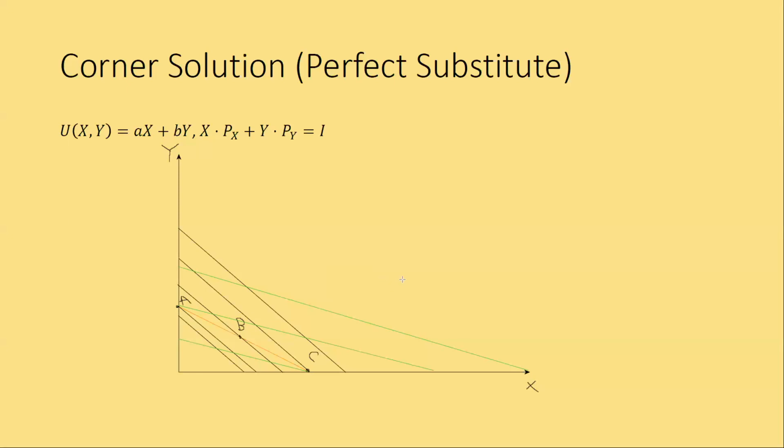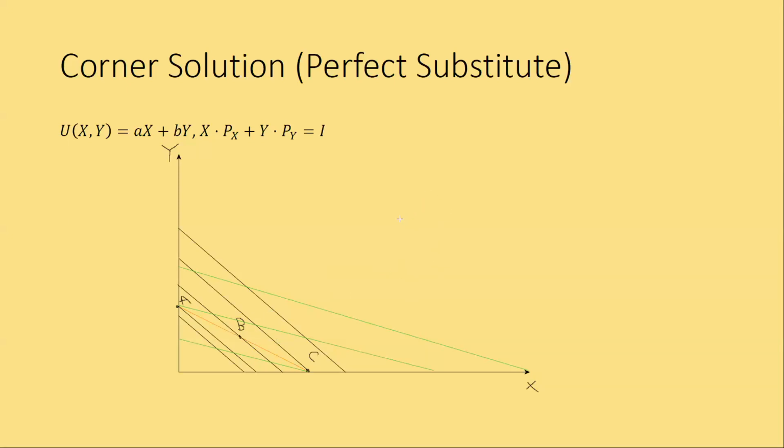So the difference is that in the first case, the black lines, the slope of the black lines is steeper than that of the budget line. And in the second case, the slope of the green lines is flatter than the slope of the budget line.